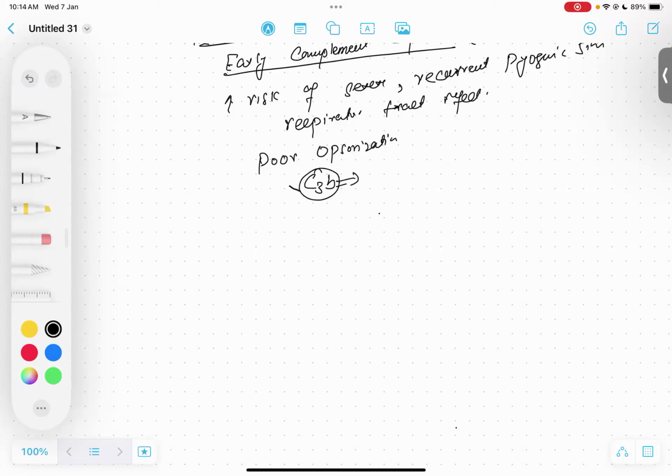So we also have deficiency of C3b. So this patient will have poor opsonization and poor immune clearance as well.